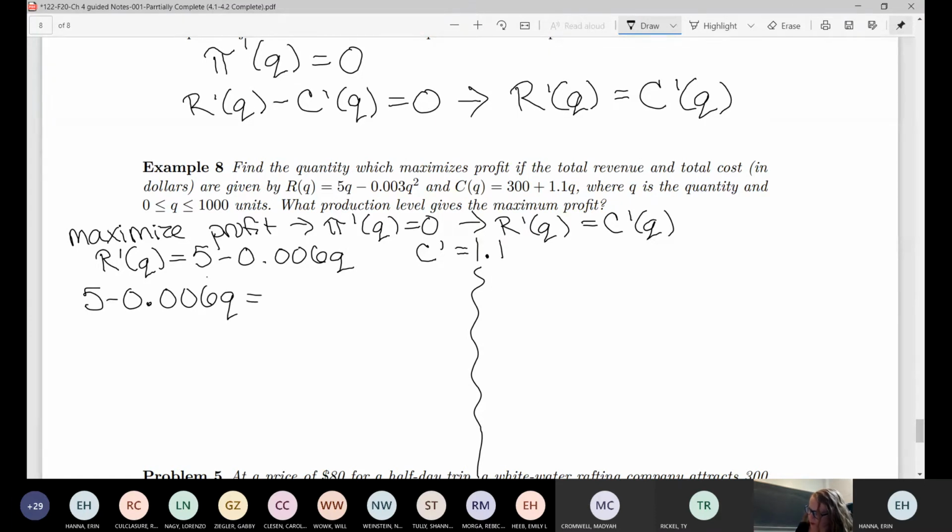Because remember, to maximize something, we do need critical points, but we just found that this is another way to find the critical points of the profit function. So if we subtract 5 from both sides, we'll get negative 3.9 equals negative 0.006Q. And this turns into a pretty nice number when you divide both sides by the negative 0.006. You get 650.